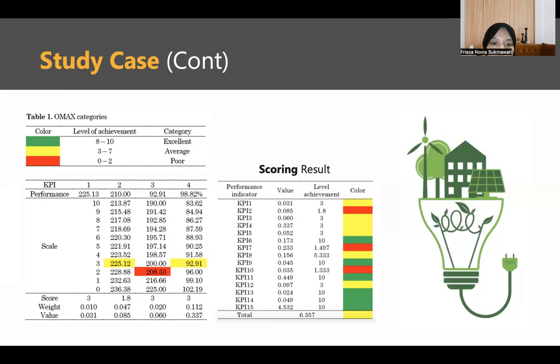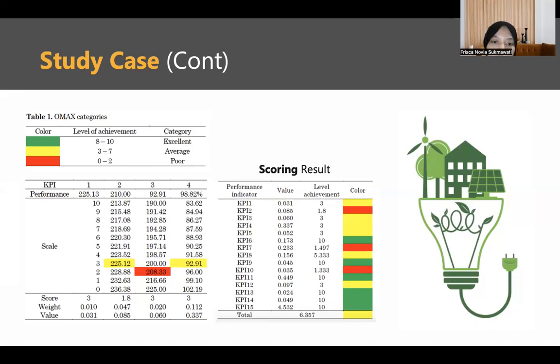You can see at table 1, OMAX categorizes with green color with level of achievement 8 to 10, category excellent. Then yellow color 3 to 7, with category average, and then the last one is red color with level of achievement 0 up to 2 with category poor.